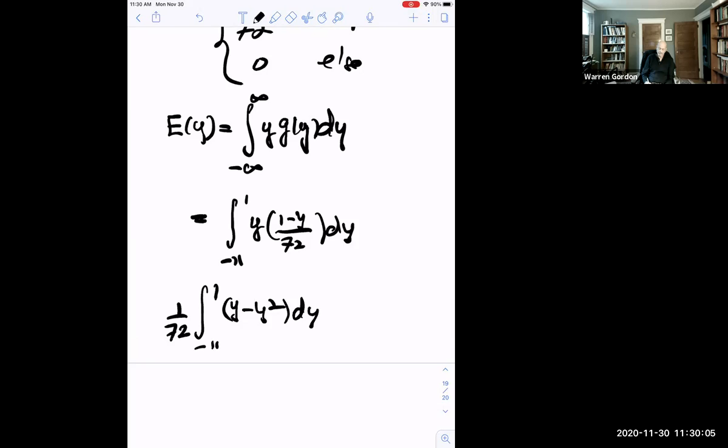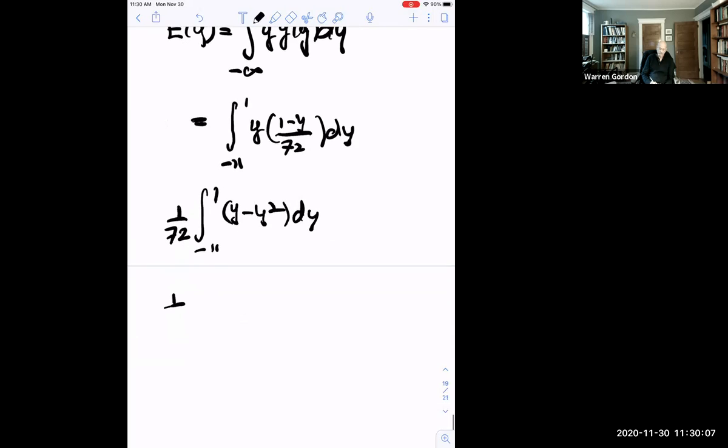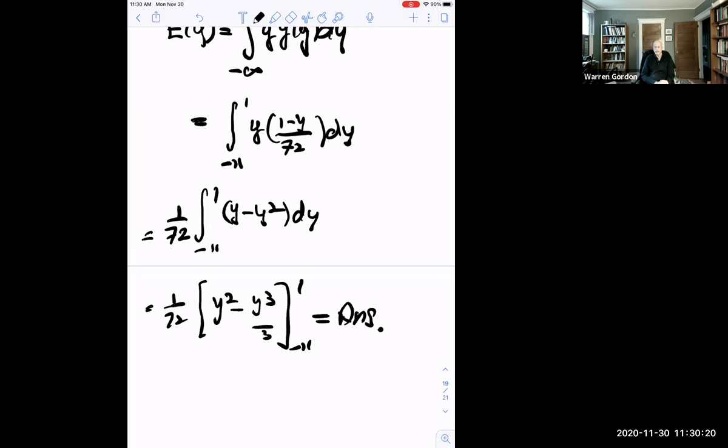Now the rest is just some simple calculus: y squared over 2 minus y cubed over 3 from minus 11 to 1, and that can be worked out pretty easily. You should be able to do that very easily, and that gives you the result.